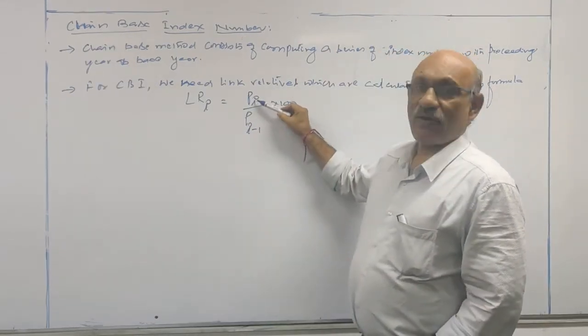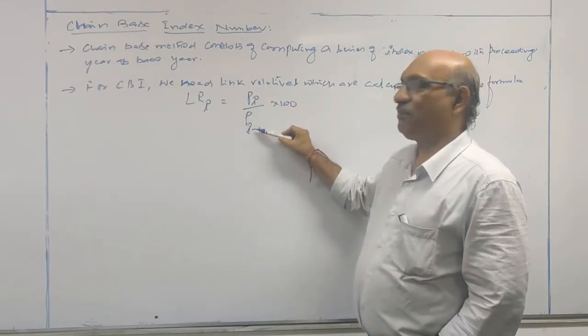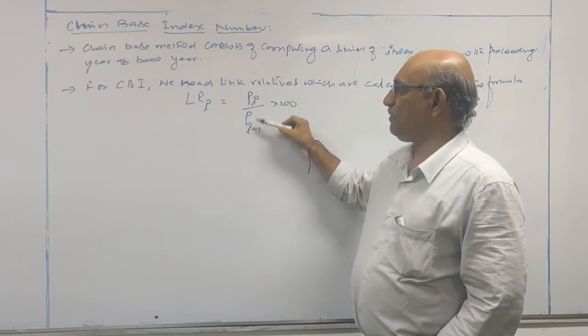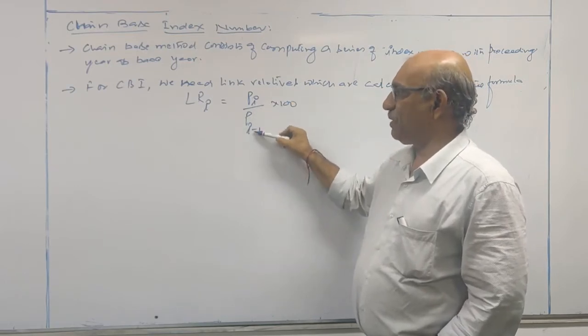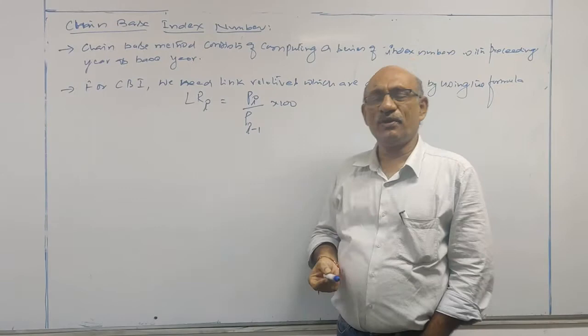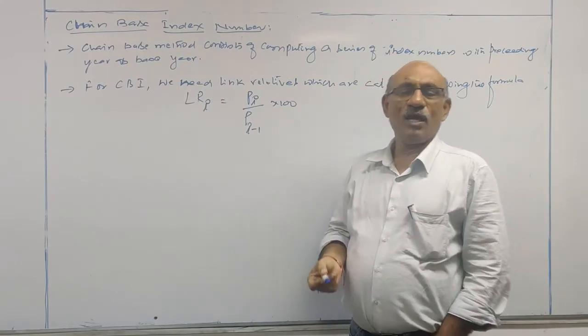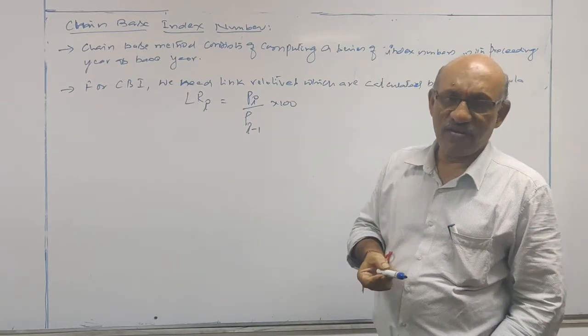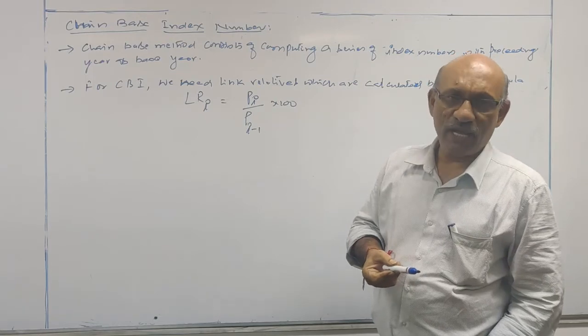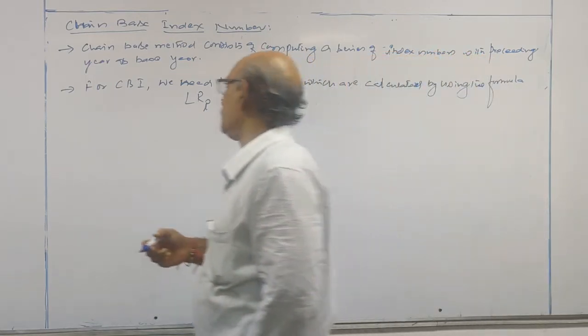If I take i as 1, P1 by P0, P2 by P1, P3 by P2, P4 by P3, this way. With the preceding year as the base year, when you compute a series of index numbers, it is called a chain based index number.